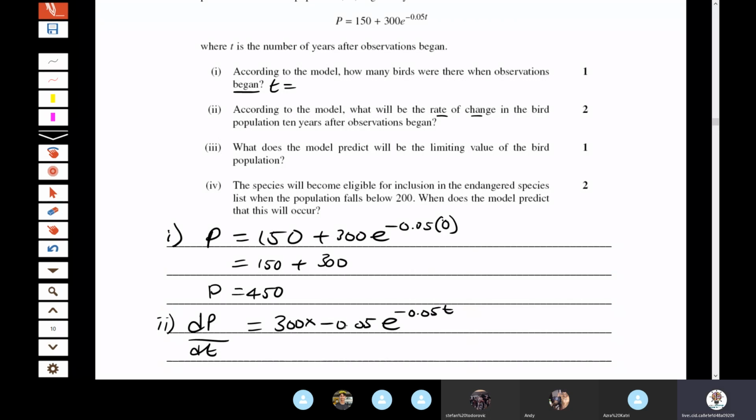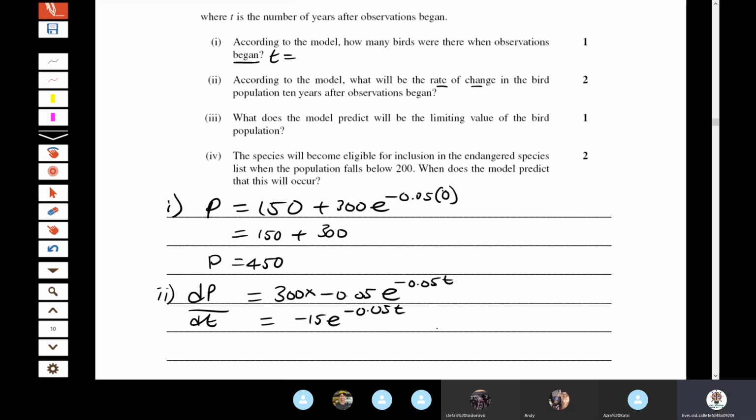So you brought the negative down, you times it by. Yep, I've differentiated. And then according to the model, what will be the rate of change in the bird population 10 years after observations began? What would you do?